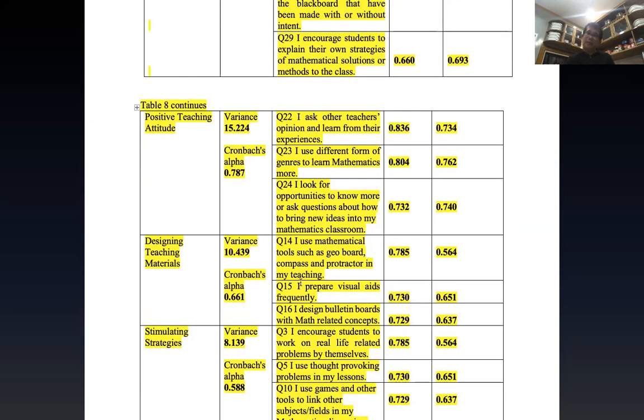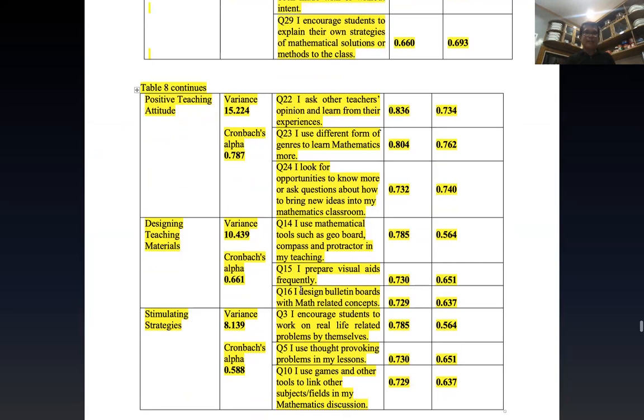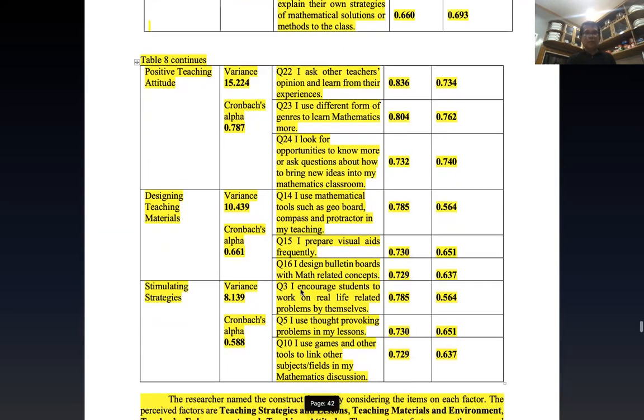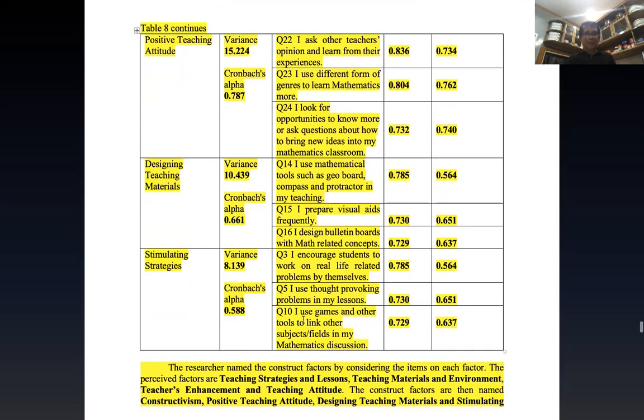For Q14, Q15, Q16, the term is designing teaching materials. It's not done overnight, but as I mentioned earlier, an intensive research is being done on how to call these terms. So Q3, Q5, and Q10 are called stimulating strategies.